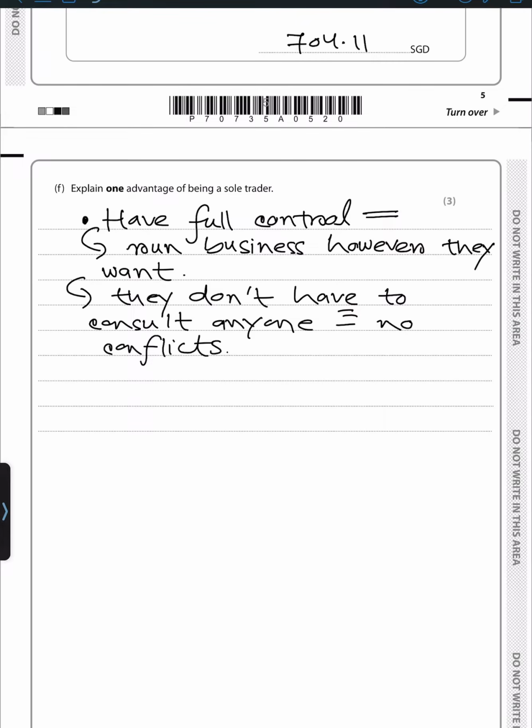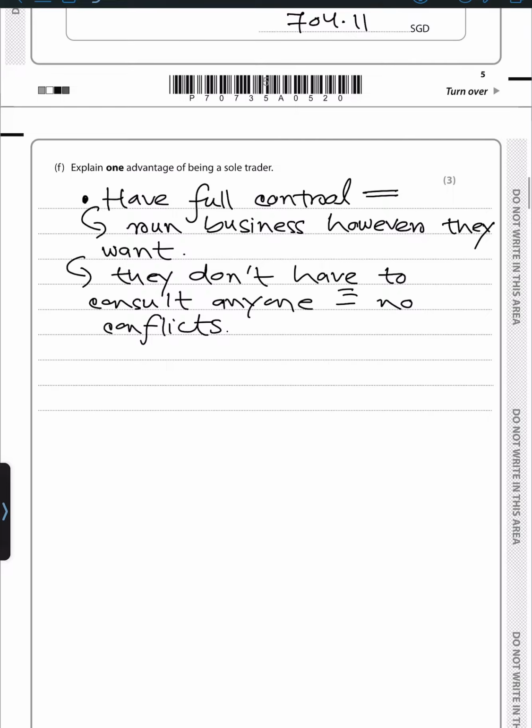Because we know how to run the business and we're going to do it however we want. And how is that beneficial? Again, because we don't have to consult anyone, so there would be no conflicts of interests. So we're basically taking one advantage and breaking it down into 2 points in order for the reader to understand how that is actually an advantage. So we're going to write it in one full sentence basically.